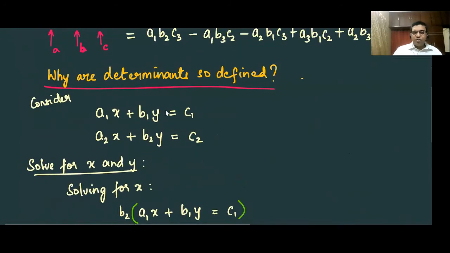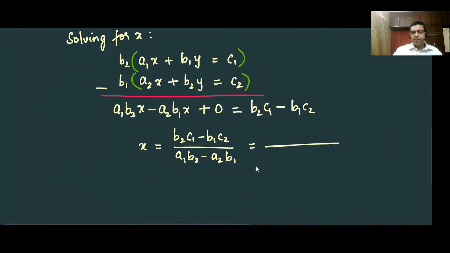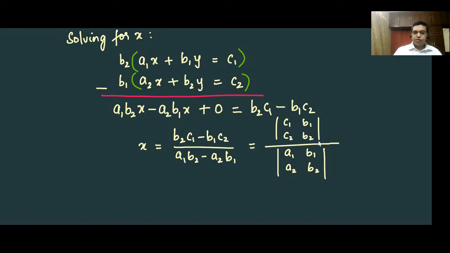So the determinant of the coefficients of x and y, a1 b1 a2 b2, is this a1 b2 minus a2 b1. And the numerator you can write as the determinant of c1 b1 c2 b2. All right.